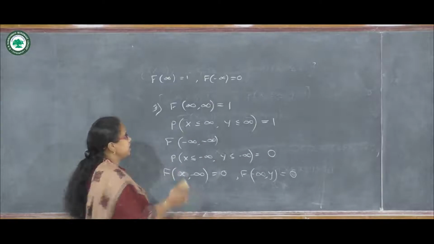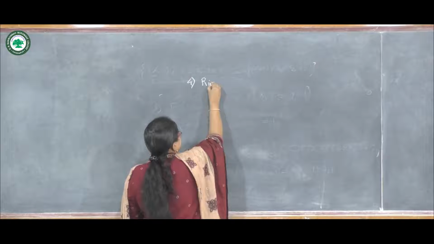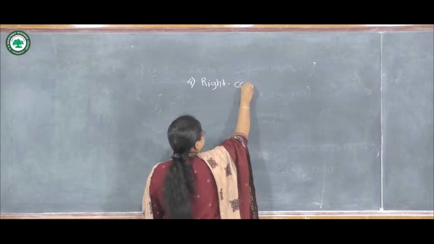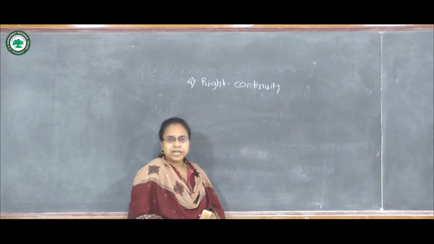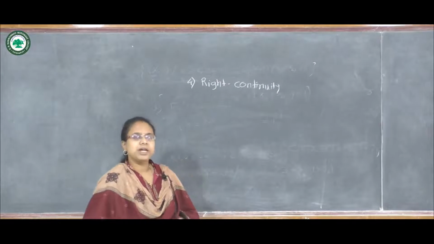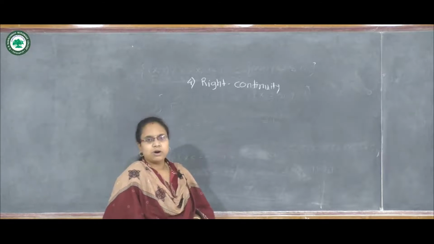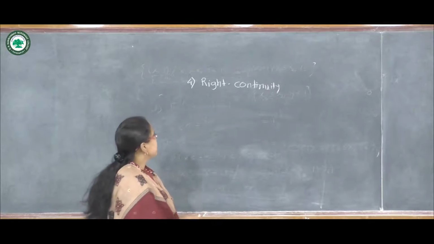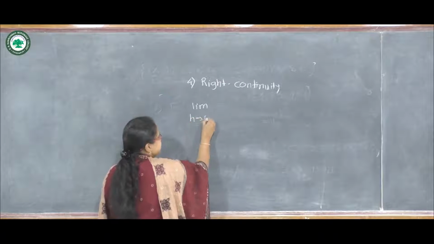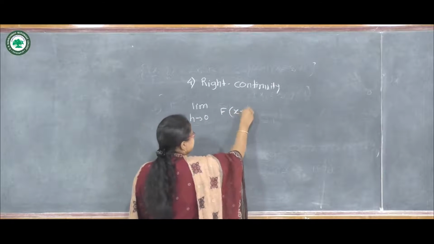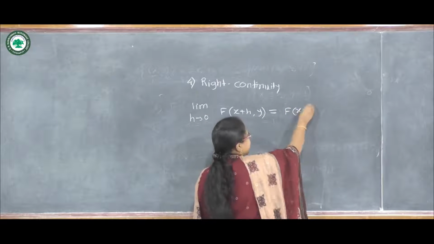The next property is right continuity. The fourth property is right continuity. So we know that the distribution function F of x, in the case of a univariate distribution, is continuous over its range. So the right continuity property tells us that if we take the limit as h tends to 0, F of x plus h comma y is equal to F of x comma y.